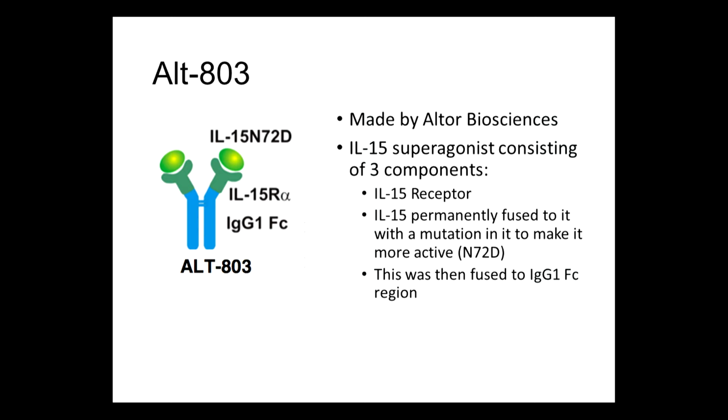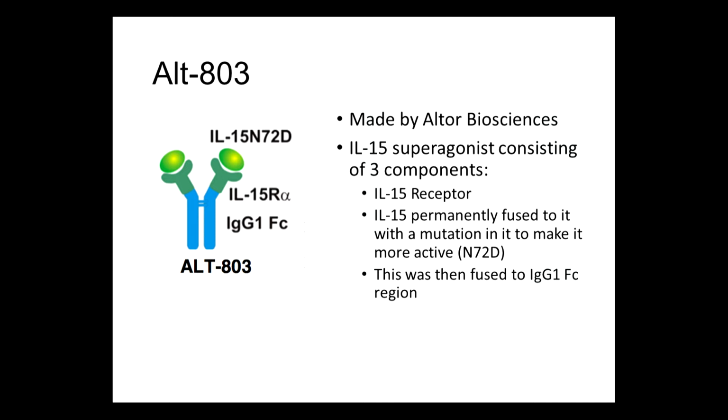So this is the molecule that we're studying in patients, and this is very preliminary data. It's a fairly complex trial for regulatory reasons, as you can imagine, but this is what we're learning.